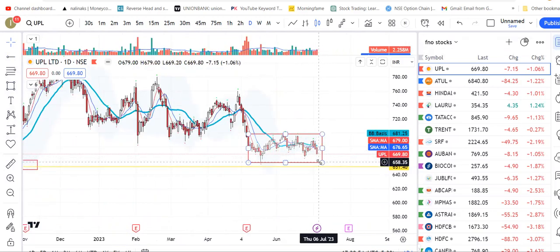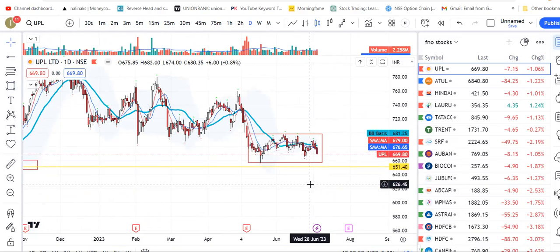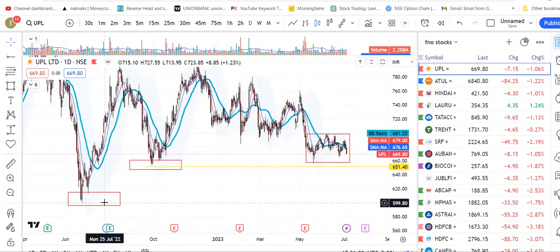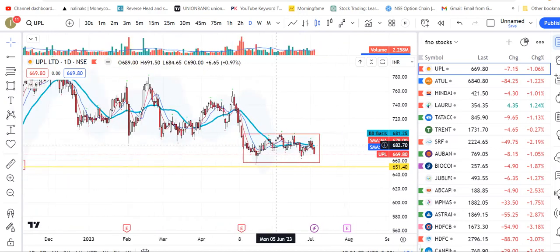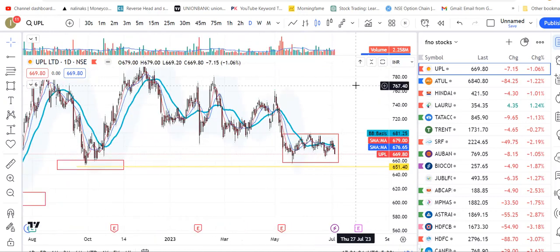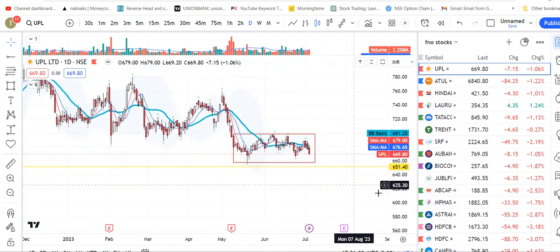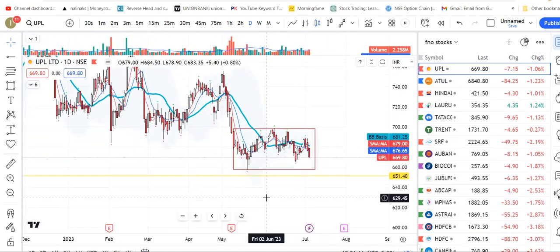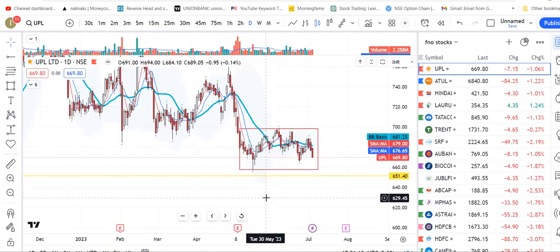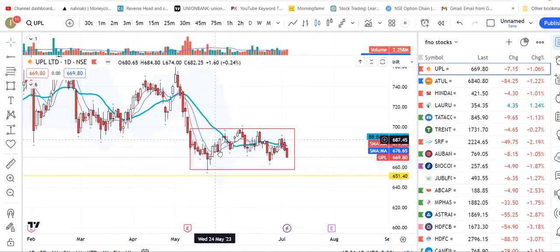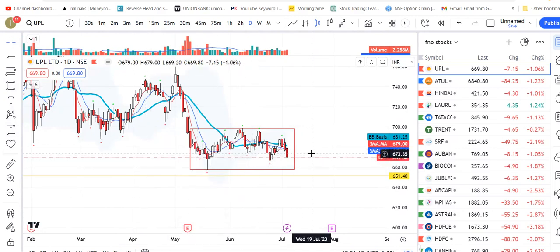So when it starts breaking below this range, then you can anticipate the level. Suppose if it wants to break above this range, it may go up also. So range trading is very, very profitable if you can understand what will happen. In this range, the indicators are suggesting the moving averages are going sideways.